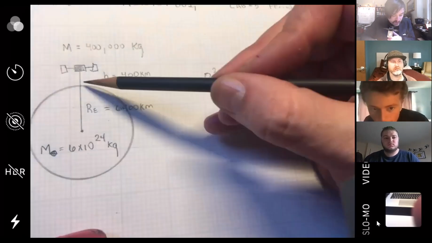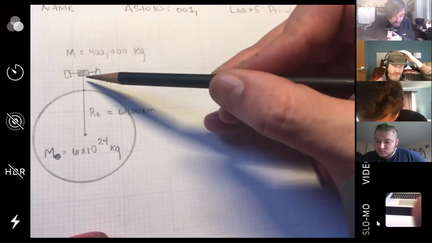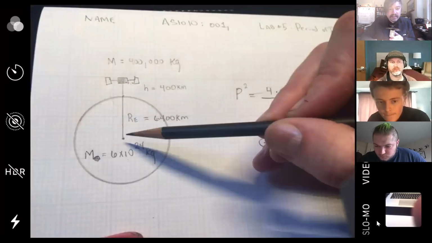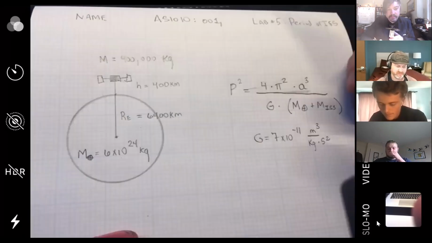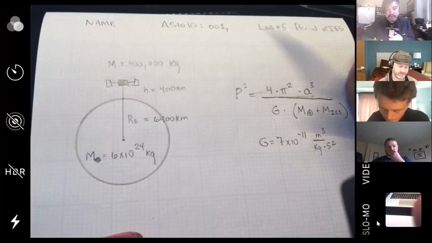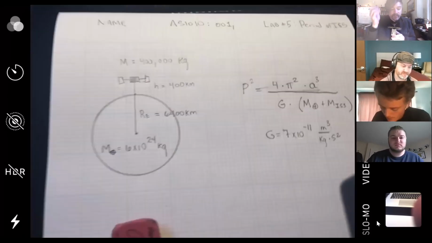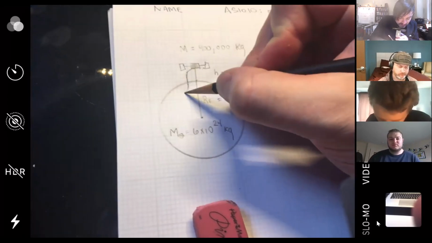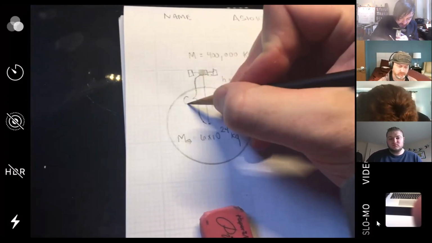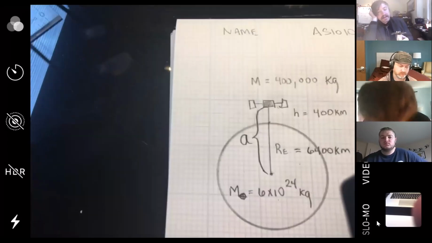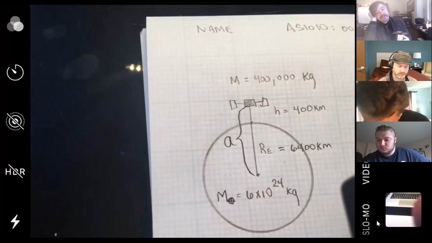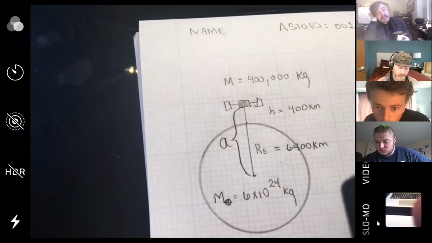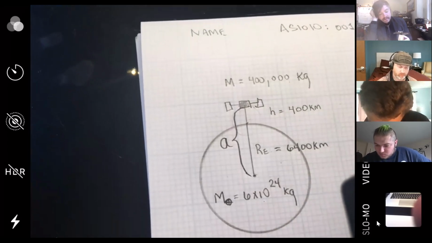You would think so. Except, Joel, remember that the shuttle is not orbiting around the surface of Earth. The shuttle is orbiting the center of Earth. 6,800. That's right. This is a trick, and you've got to remember this trick. A is the center to center distance between the two orbiting bodies. In a situation like this, the radius of Earth is actually greater than the separation between Earth and the shuttle.